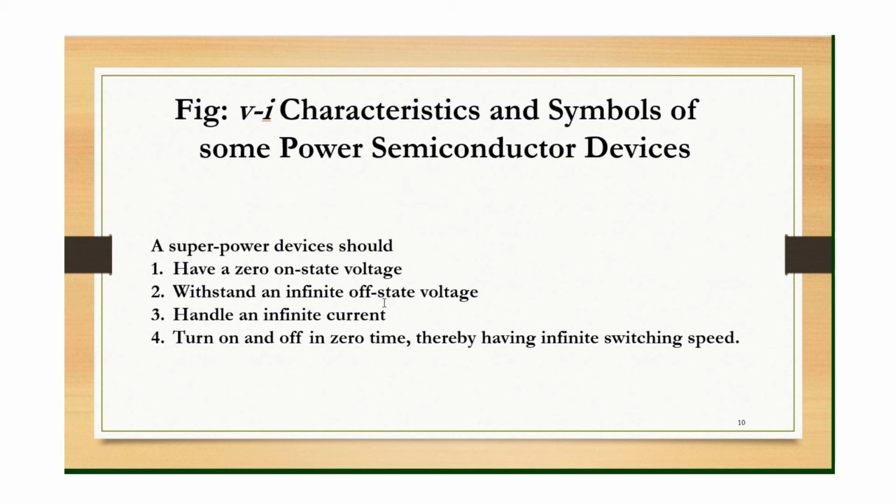That is, there should be infinite switching speed. That means when you're turning on, it should immediately start conducting. And when you're withdrawing the control signal or turning off, it should immediately turn off. That's the meaning. So all these typical characteristics, you may understand still better when we are comparing these characteristics with that of the ideal characteristics of an ideal switch.